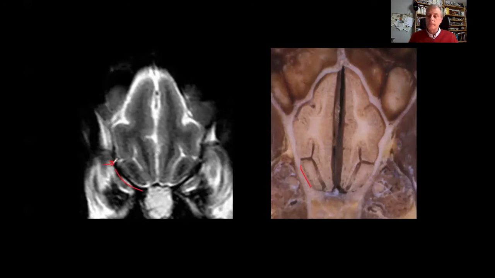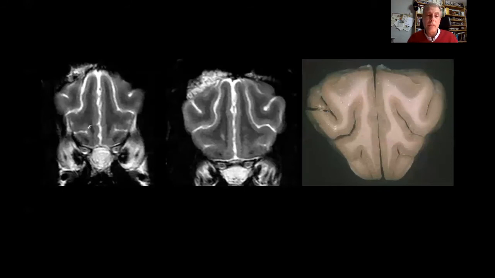Okay. We move to the next one. We are at the presphenoid bone. We see the presylvian sulcus right here, and again the olfactory peduncle. Okay, olfactory peduncle.